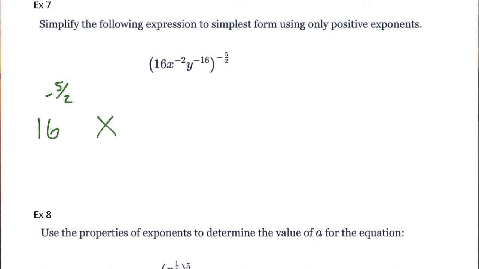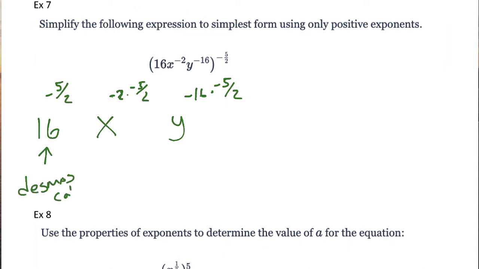And if we take negative 2 times negative 5 halves, we got y, we got negative 16 times negative 5 halves, and we're just going to multiply these out. This one, use Desmos calculator. Okay, so use a Desmos calculator for that one.